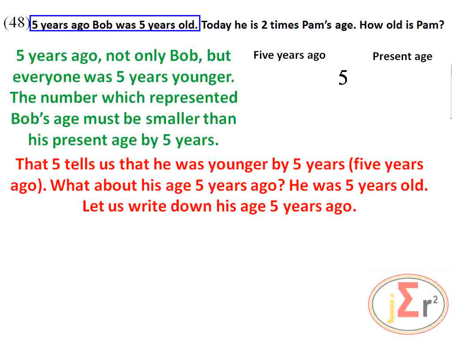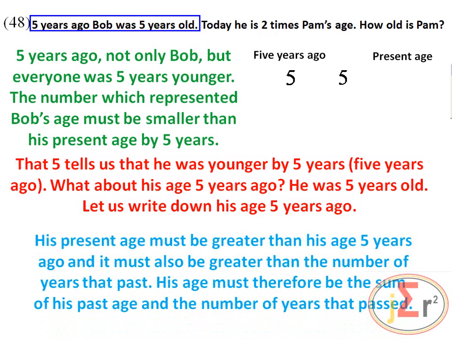So let us write down his age 5 years ago. So the first 5 is in reference to 5 years ago. The 5 that we have there is that 5 years ago he was 5 years old. His present age must be greater than his age 5 years ago, and it must also be greater than the number of years that passed.